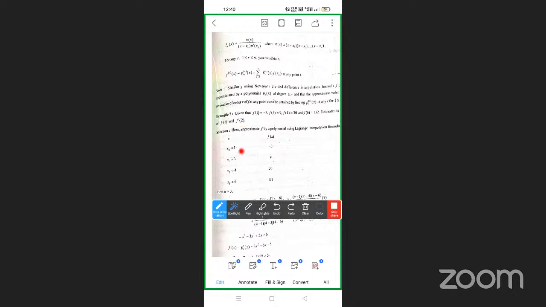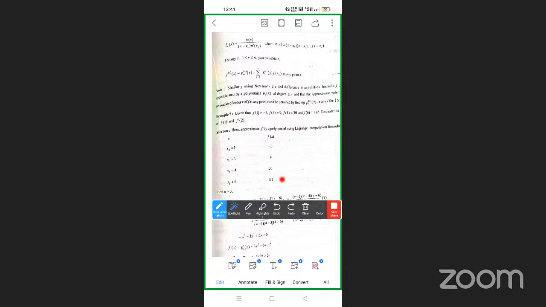So these are x naught 1, x1 3, x2 4, x3 6. These are the y values: y naught minus 3, y1 9, y2 30, y3 132. So these are x naught, x1, x2, x3 and y naught, y1, y2, y3.